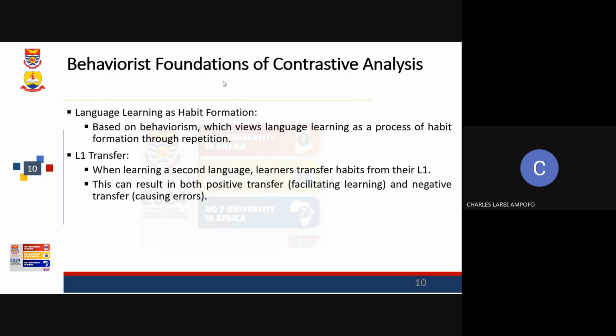What role does behaviorism play in contrastive analysis? First, we need to understand what behaviorism is, then we can link it to contrastive analysis, that is, look at its role in contrastive analysis.